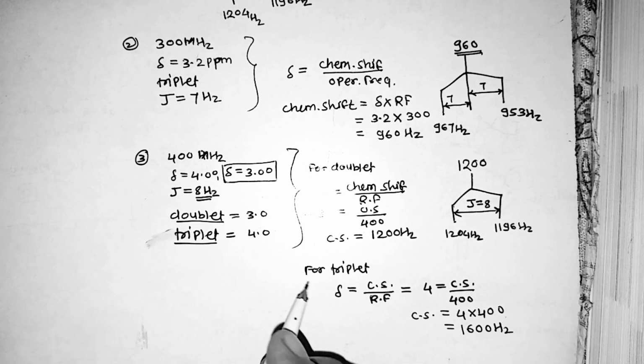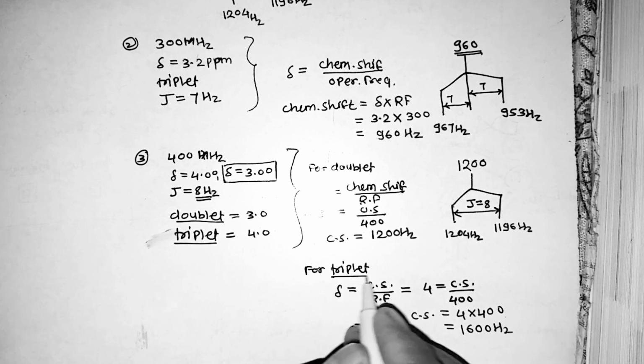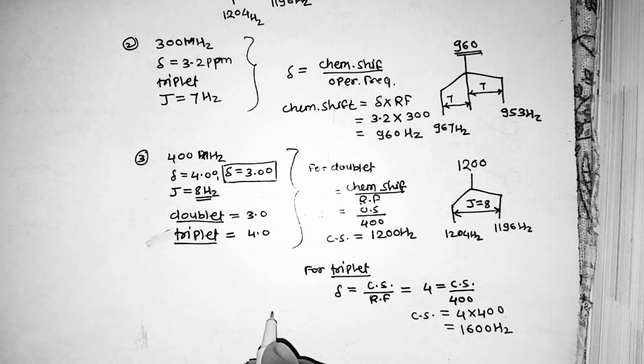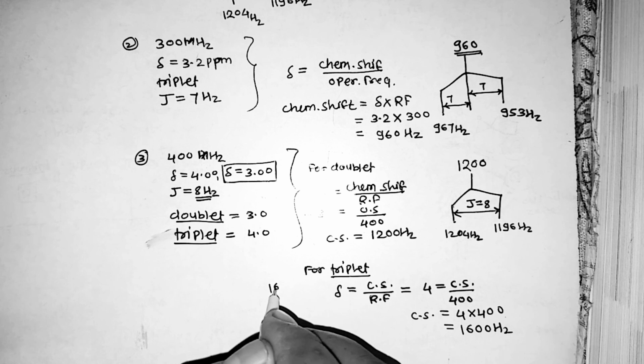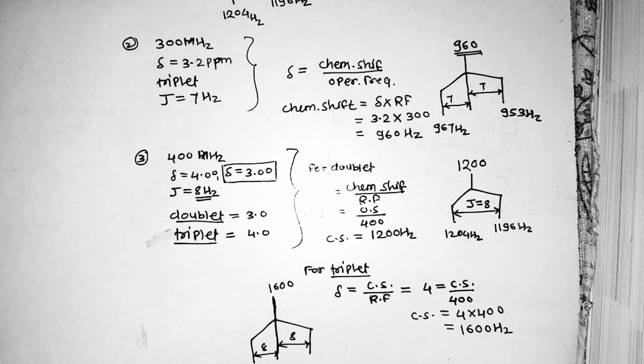Now the signal is a triplet. So you draw one line, then split this line into 3 lines like this. Coupling constant is again the same, which is 8. This distance should be 8 hertz. Central line appears at 1600 hertz.